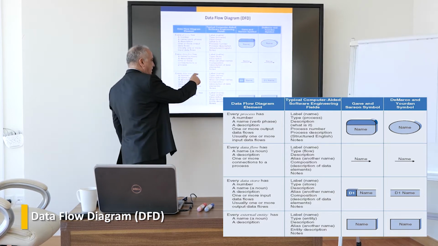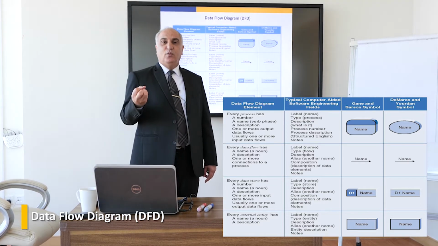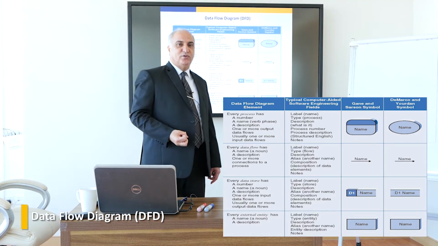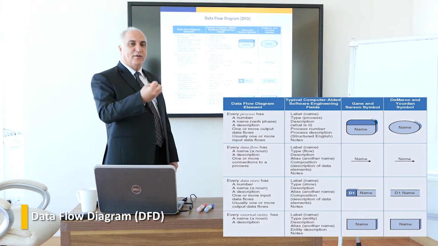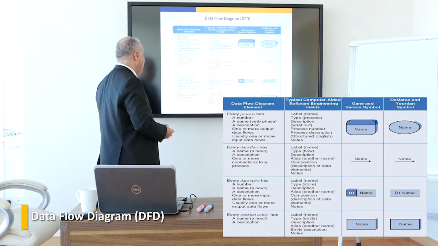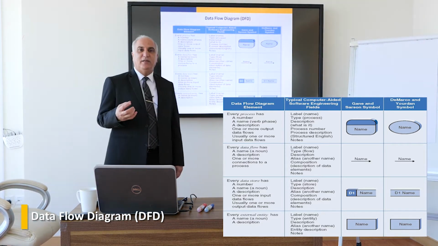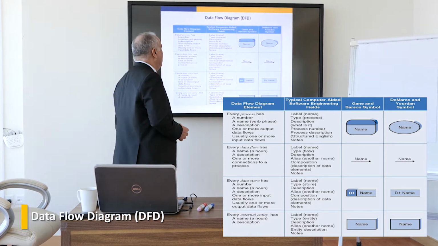It has another one called the data storage, where from the process we are storing data that we need to retrieve for the future, or read from, or store, read from and update. Another is the external entity, which is the entity that initiated the process.